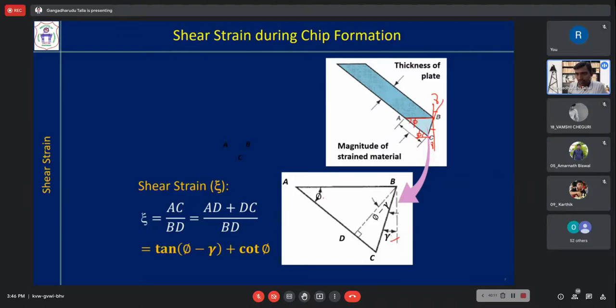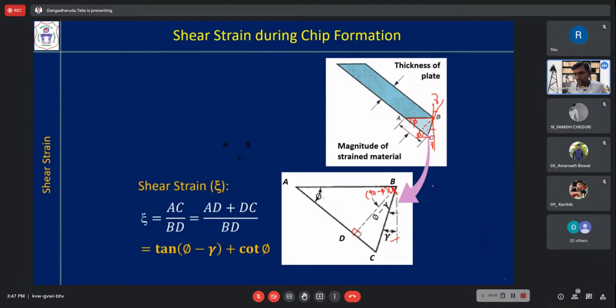Now take one perpendicular onto this AC from B, meeting AC at D. Now this is gamma, this is 90 degrees and this is phi. So if this is phi, of course this is also 90. This is definitely 90 minus phi. So the total angle here should be 90.